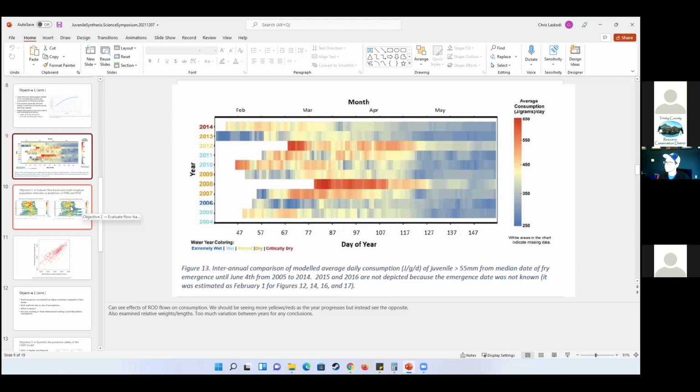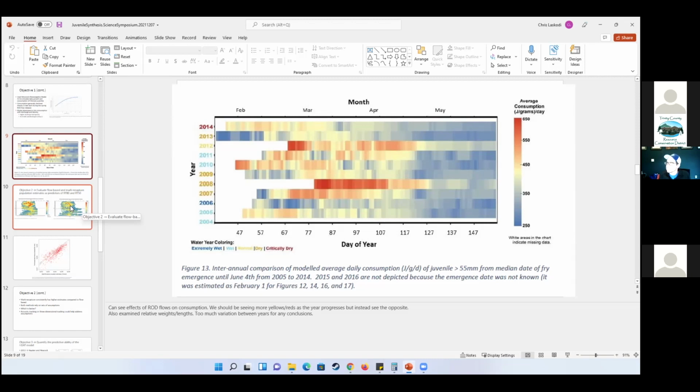Was it that temperature was higher, and was temperature higher because of dam releases, or was it environmental? Was it just a really warm year, air temperature wise, and therefore water temperature was higher?